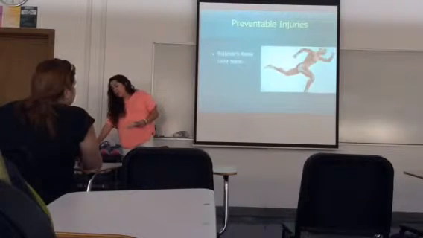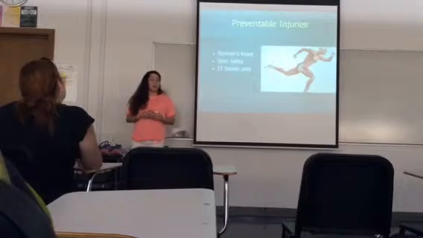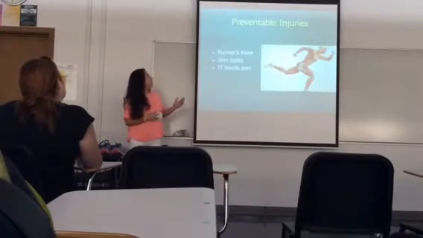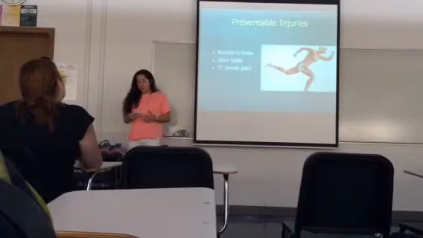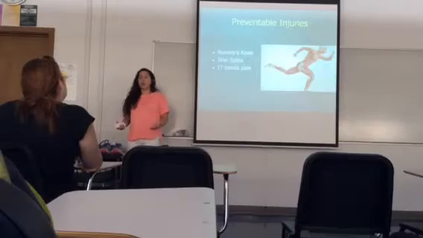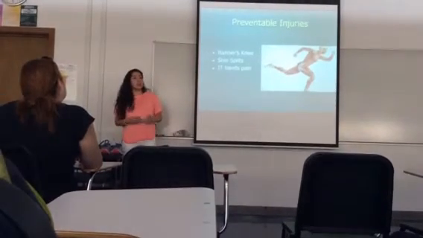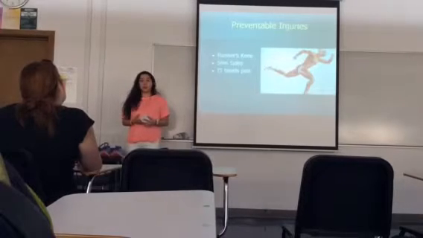Knowing what type of shoes and terrain you need also helps prevent injuries, as does knowing when to get new running shoes. A lot of injuries are caused by running shoes being worn out. Runner's knee is when you get a pain in your knee from worn running shoes.